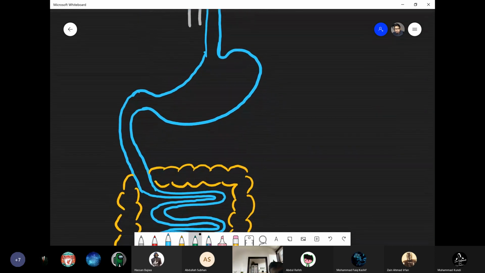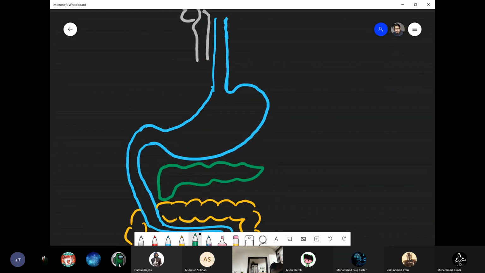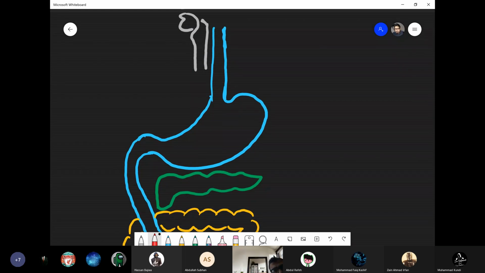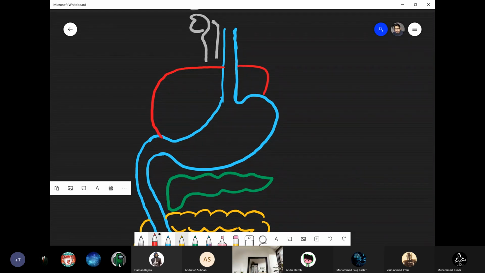Then we draw this organ over here, then we draw this organ, then we draw this organ, this pouch-like organ.